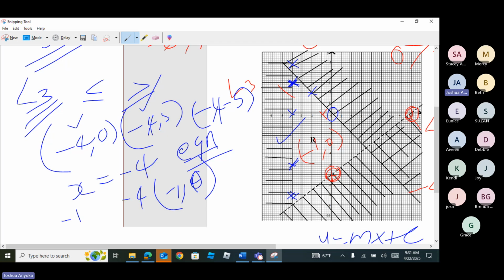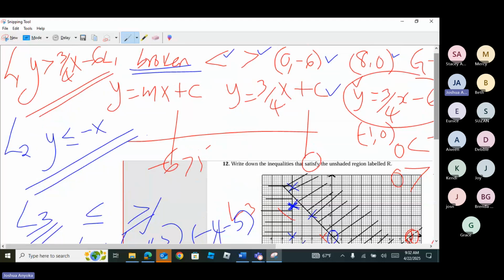Anything that comes after another number from the left on the number line is bigger. So negative 1 is greater than negative 4. So our inequality is greater than or equals to. We get back to the equation, and our inequality becomes x is greater than or equals to negative 4.